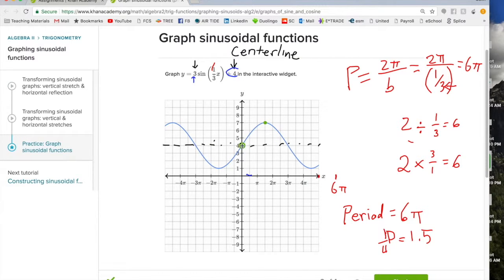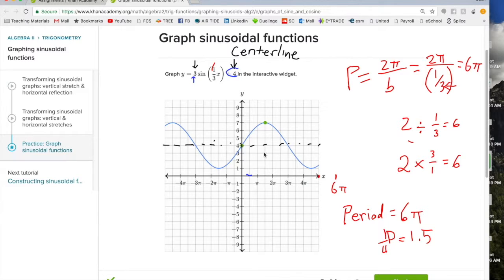All right, so we've got our graph starting in the normal orientation that our sine function is supposed to be, because this is a regular positive sine function. It just happens to be at a height of 4 with a period of 6 and an amplitude of 3.